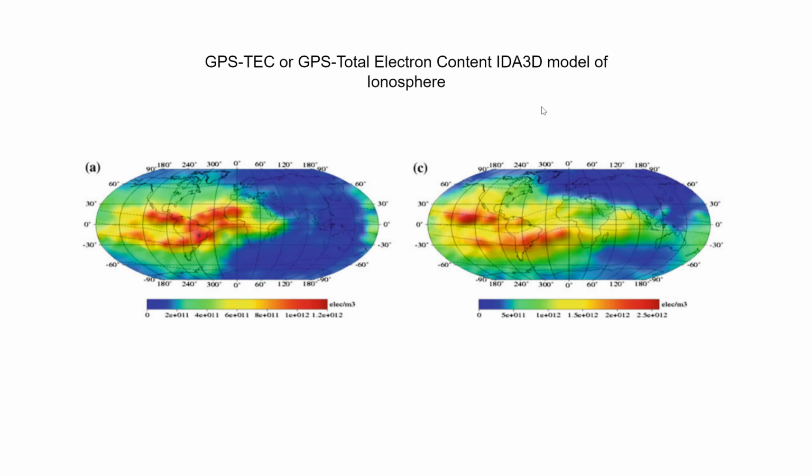Then the next one is the global modeling, which will be done by GPS TEC, or total electron content, by the IDA3D model of the ionosphere, to get a global model of the ionosphere and its electron density.